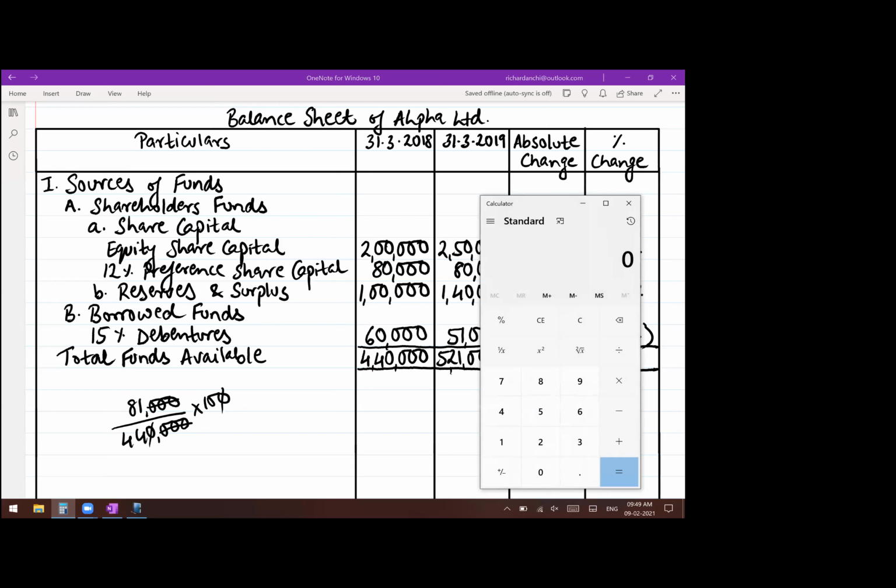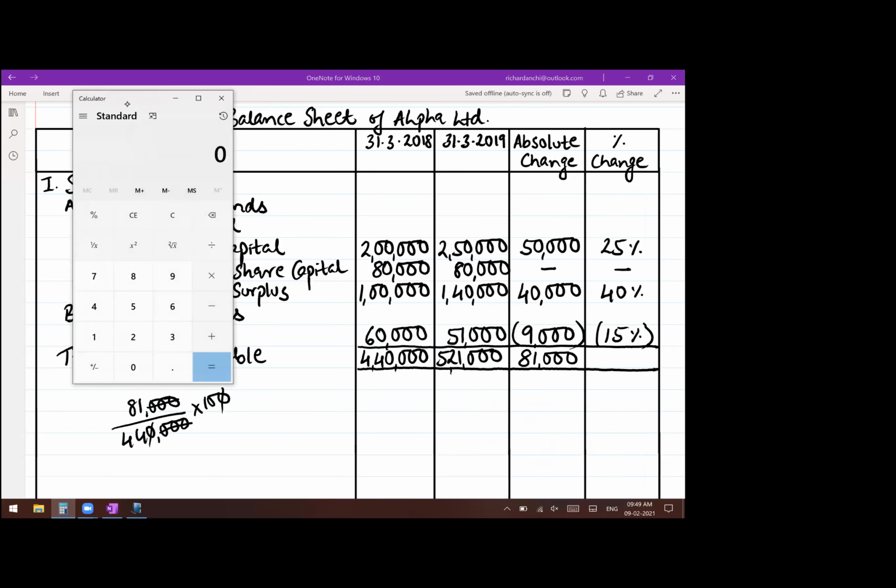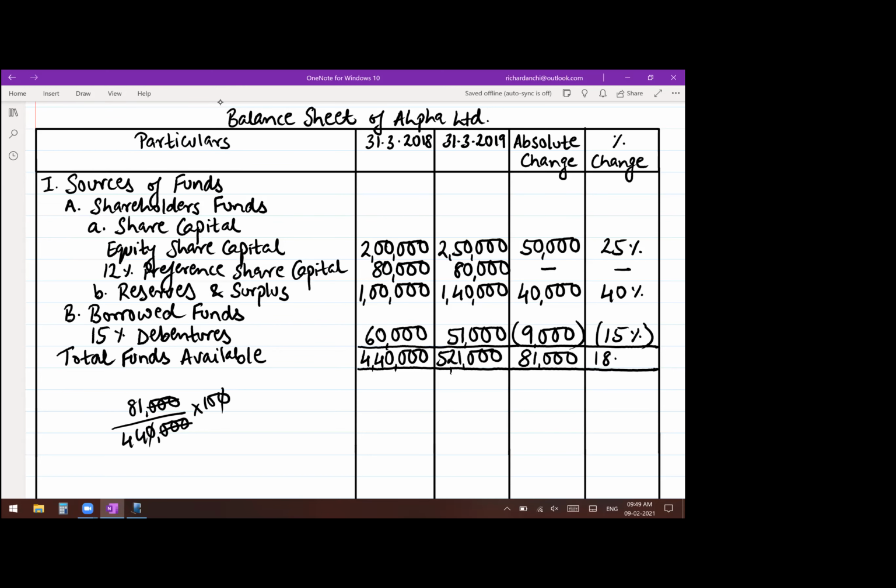I couldn't hear you, so I'll do the calculation. 81 divided by 44 into 10. So is it 18.41%? 18.41% is the percentage change.